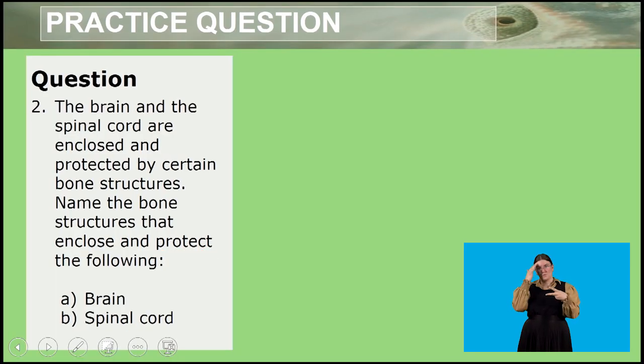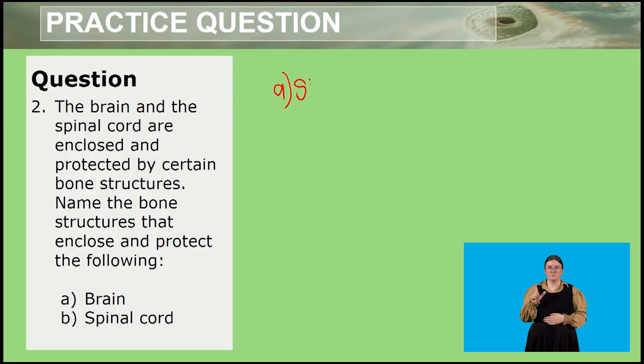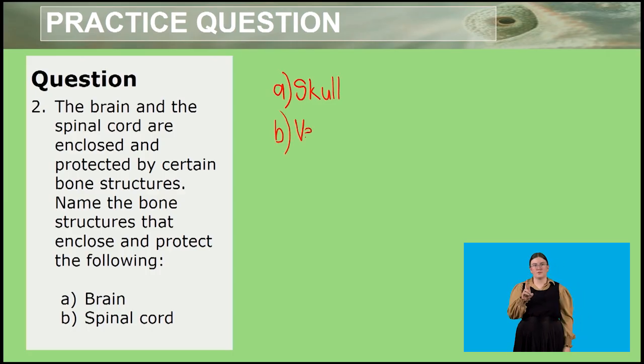So we know that the brain is enclosed and protected by the skull, and for B, the spinal cord is enclosed and protected by the vertebral column.